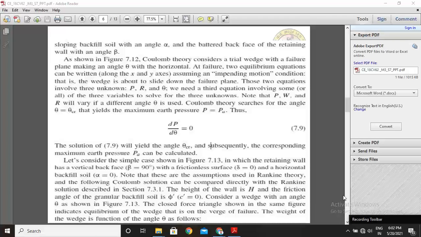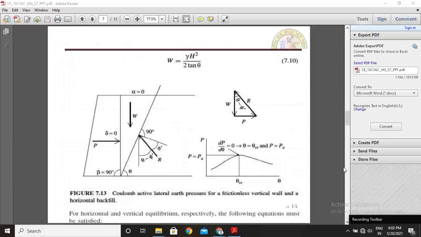Consider a wedge with an angle theta as shown in figure 7.13. The closed force triangle shown in the same figure indicates equilibrium of the wedge that is on the verge of failure. The weight of the wedge is a function of the angle theta as follows, that is W is calculated as gamma h square by 2 times tan theta.